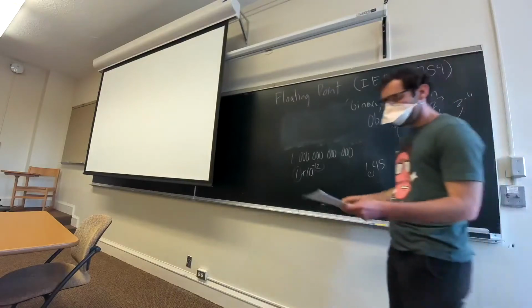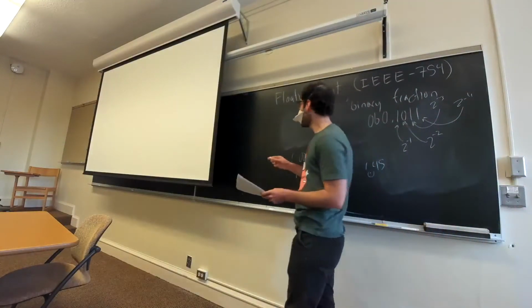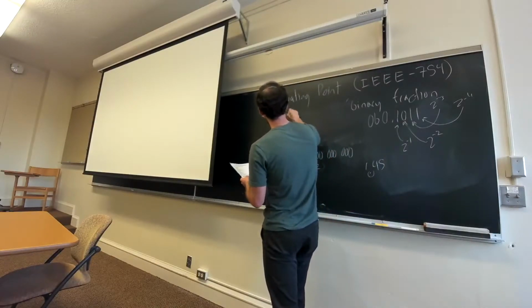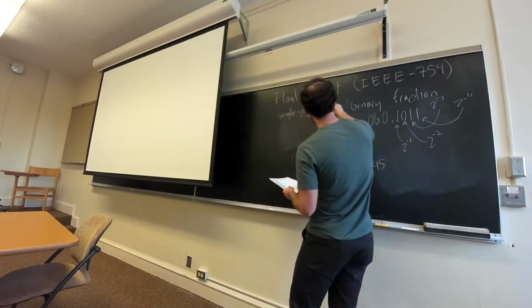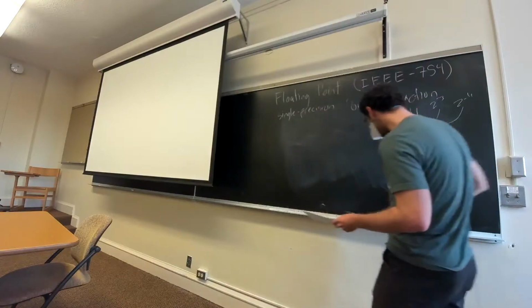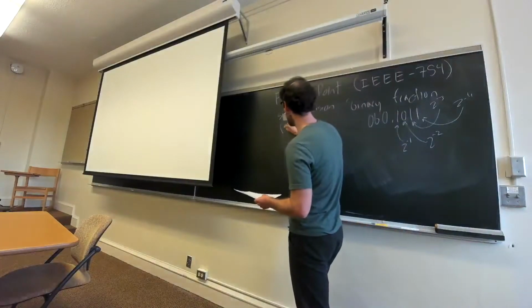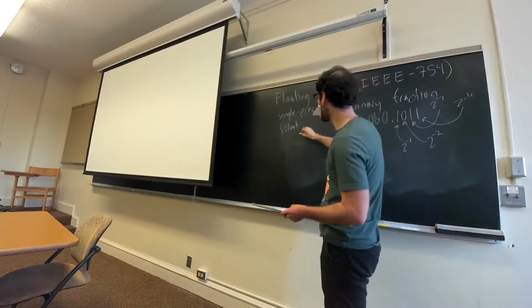And so how this works in our IEEE representation is that for a single precision number, which in C is written with the type float.